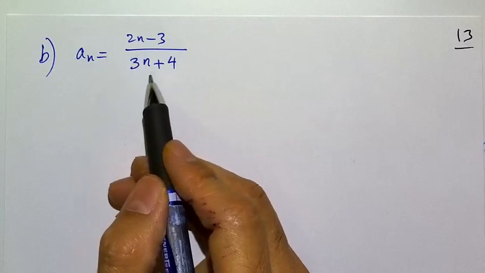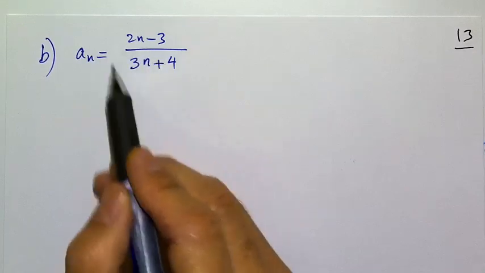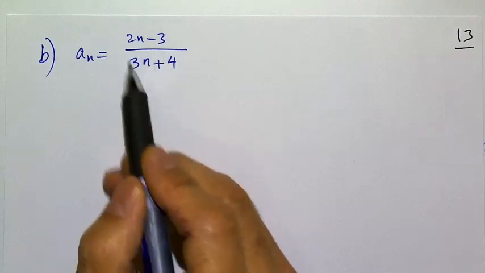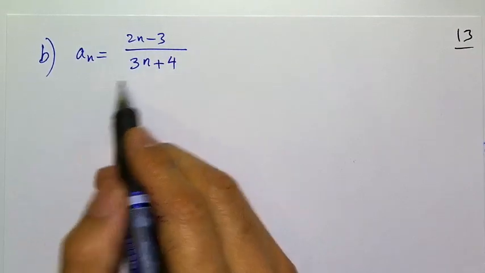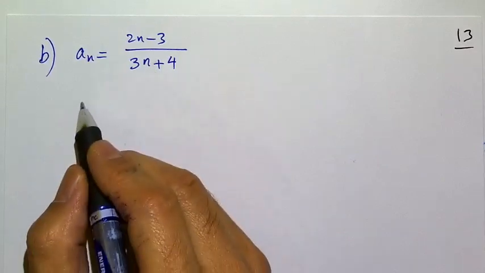So in this case, let us create a function with x replacing n, and then find the derivative of it. In this case, that would be a good approach.